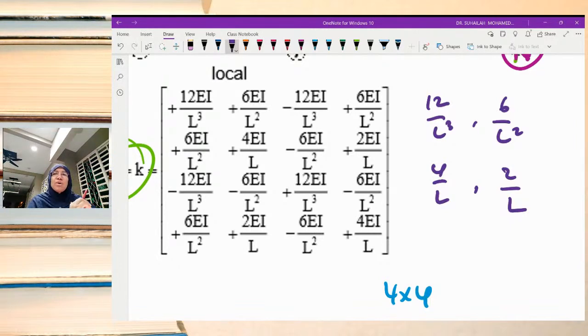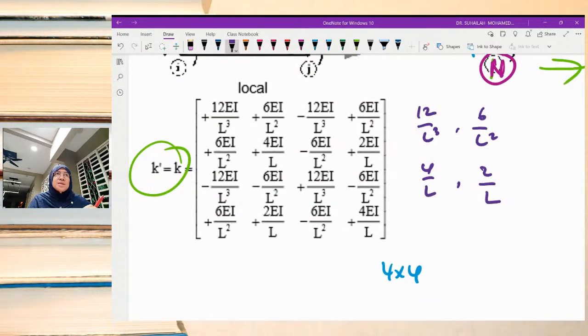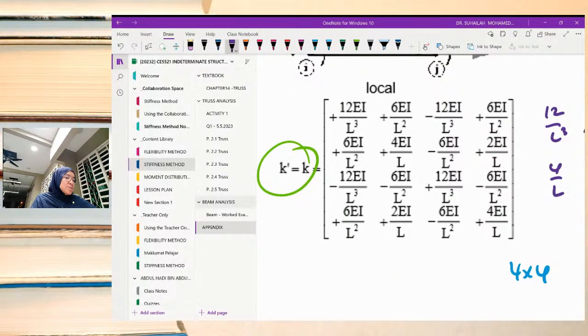So we will use this formula whenever we want to calculate the stiffness matrix for each element in the beam. Anyway, in terms of labeling the degree of freedom due to the unconstrained and constrained system, we have to be careful. Let's go back to this one.